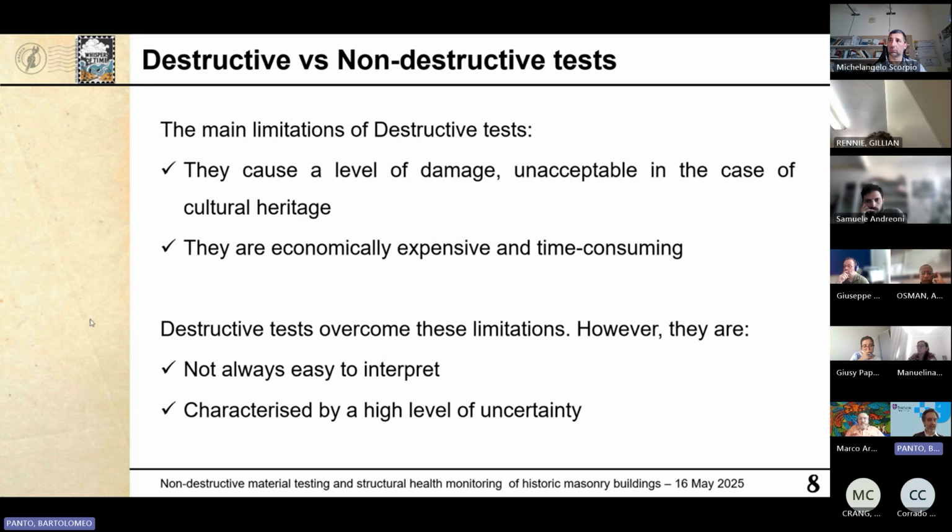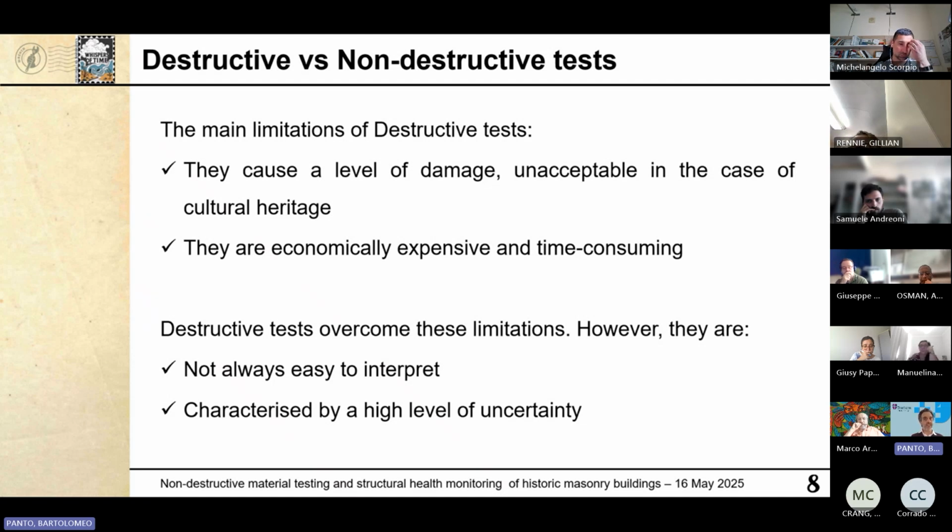If we look at the bottom part of this slide, I tried to summarize the advantages of non-destructive tests, which cover these limits. They are very easy to perform, less expensive, very cheap, and in one day you can perform hundreds of tests.